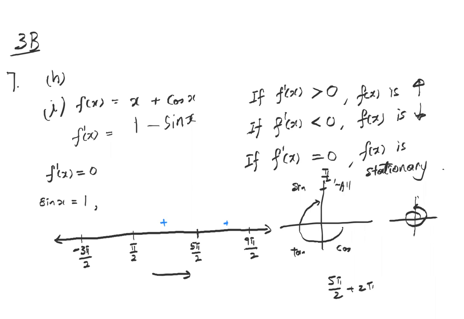Oh, that means it is always increasing. If you look at the graph, it's always increasing. All this is a plus. So all these are horizontal points of inflection.